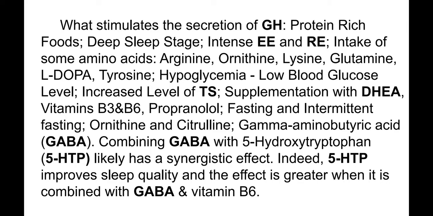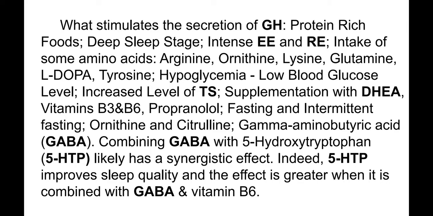What stimulates the secretion of the growth hormone normally? Protein-rich food, deep sleep during the deep stage of sleep, intense endurance exercises and resistance exercises, intake of some amino acids, for example, arginine, ornithine, lysine.